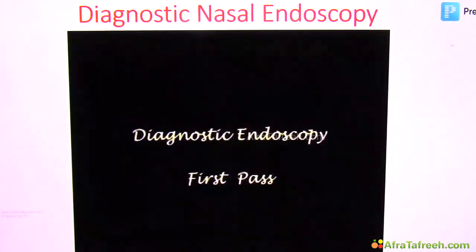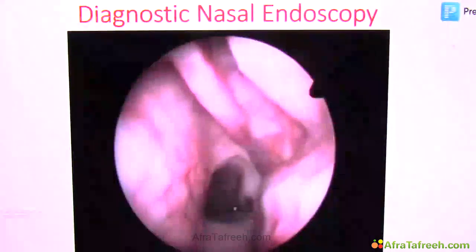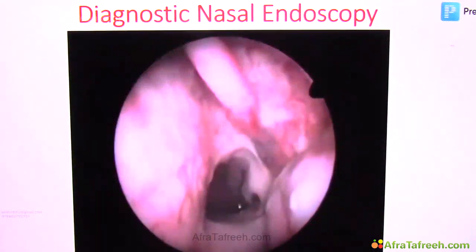So what do we see in the first pass? We put in an endoscope. You can see over here, this endoscope has been put inside the nasal cavity. This is the patient's left nasal cavity. You can see this is the nasal septum, this is the inferior turbinate.